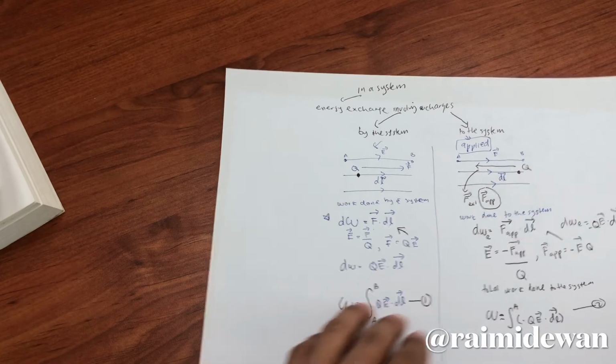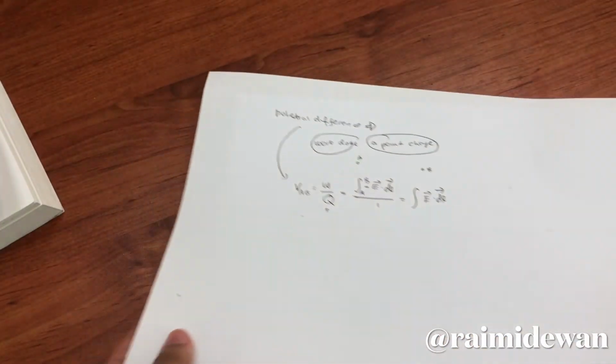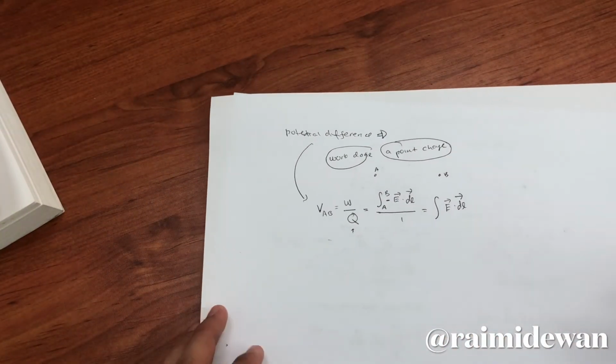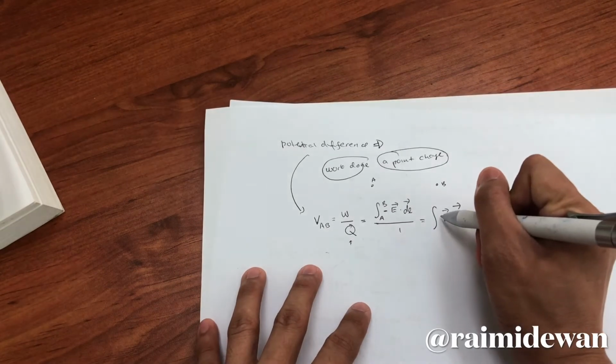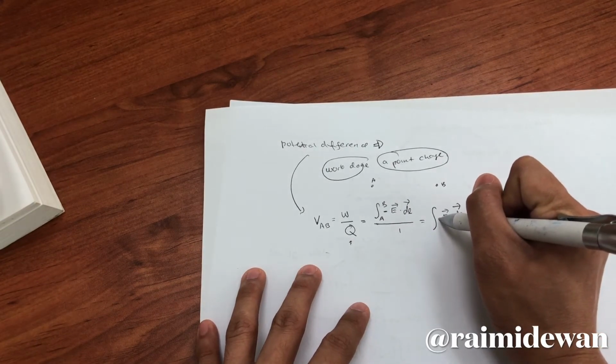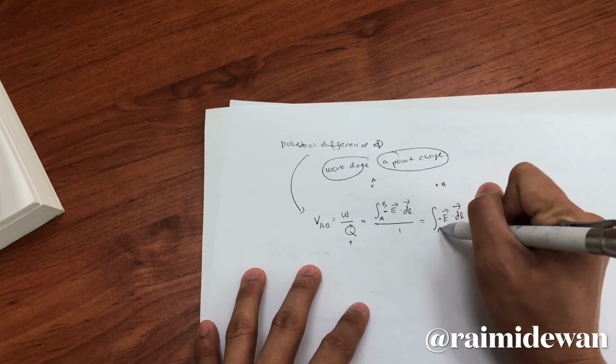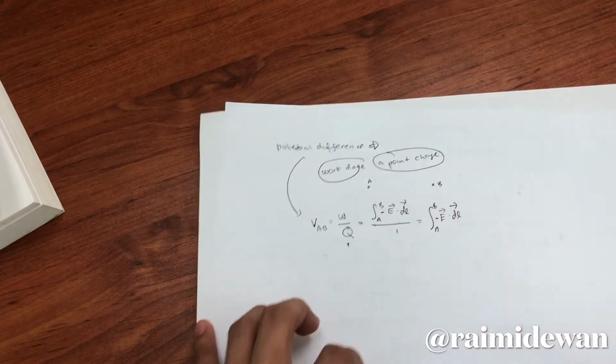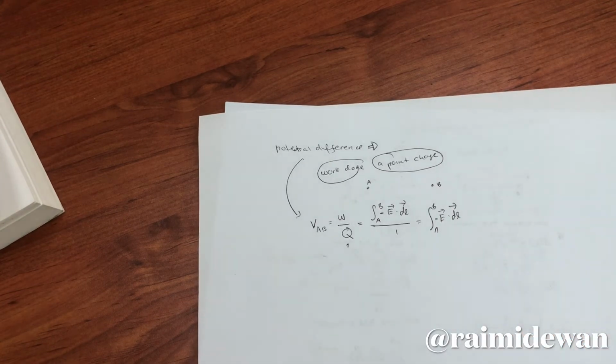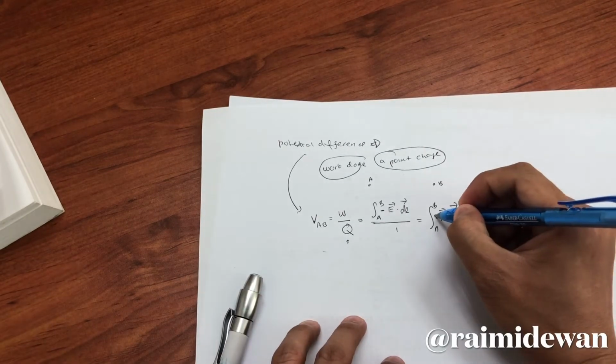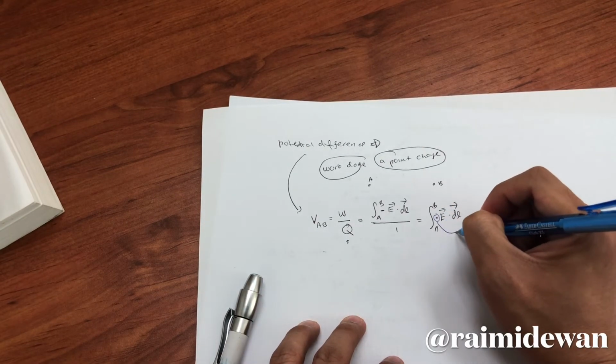Okay, you can see here, from point A to point B. So you must be asking why we have E here, why we have negative here?